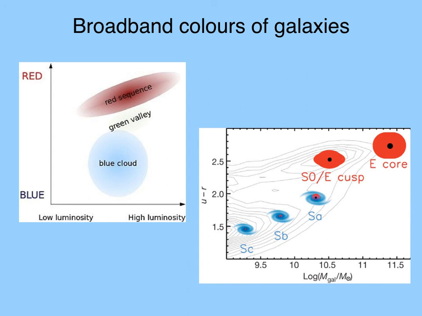And what is shown is the dominant morphological types that are likely to have those colors. So what you see is that as galaxies are becoming more massive, they are also becoming redder, which is the higher color. And as we expect, the shape is becoming more and more elliptical for more massive galaxies.